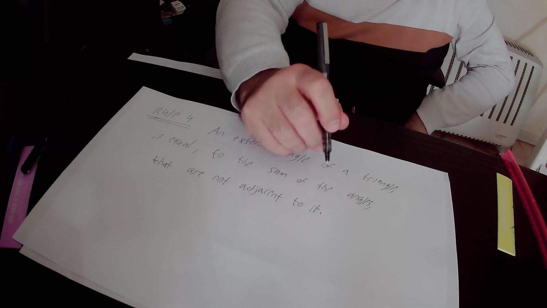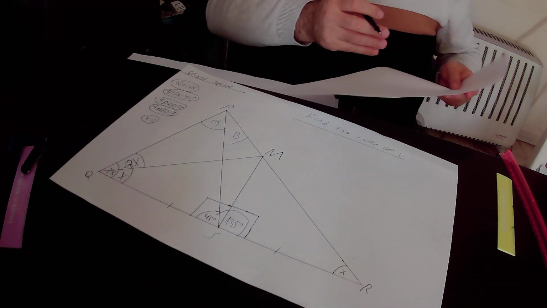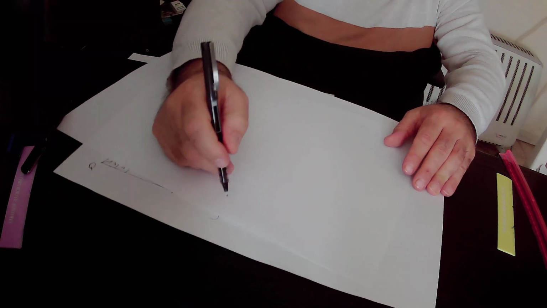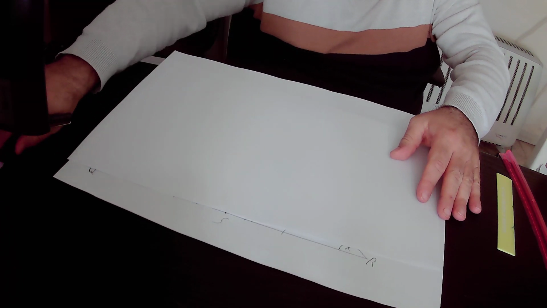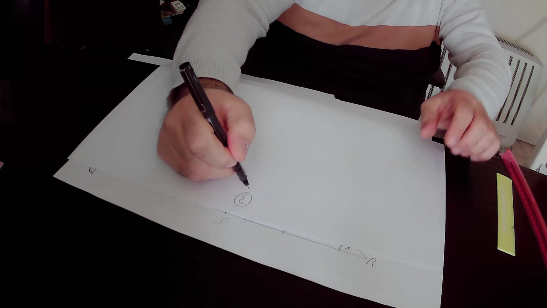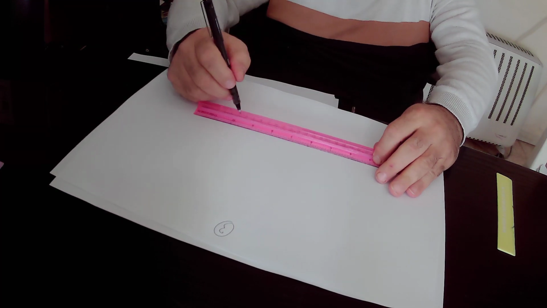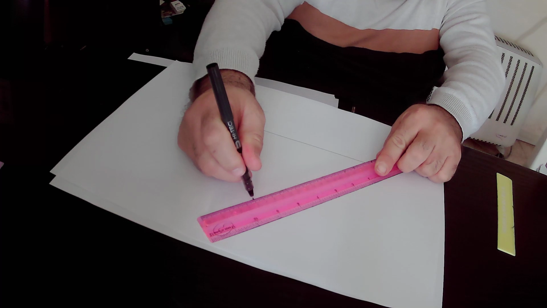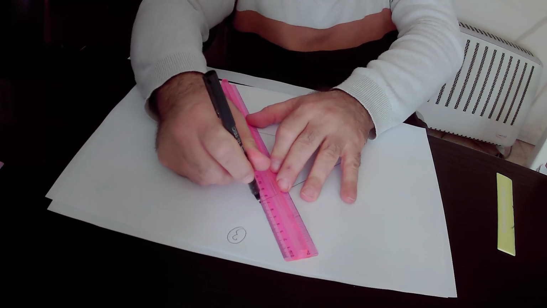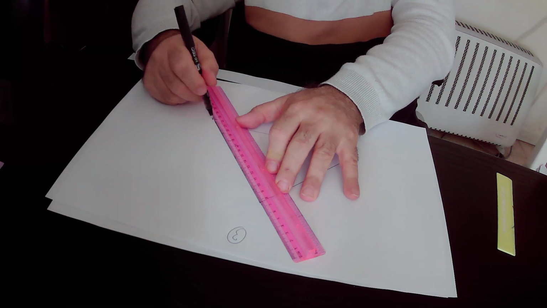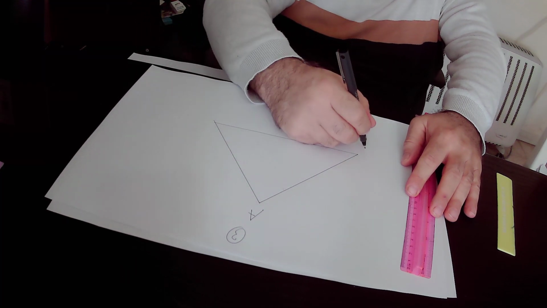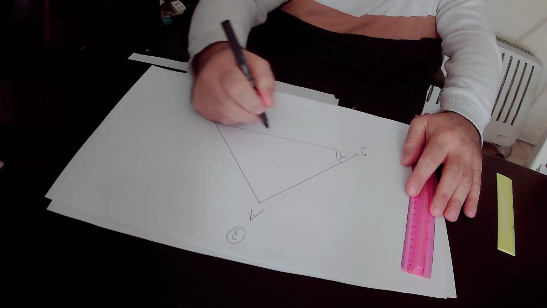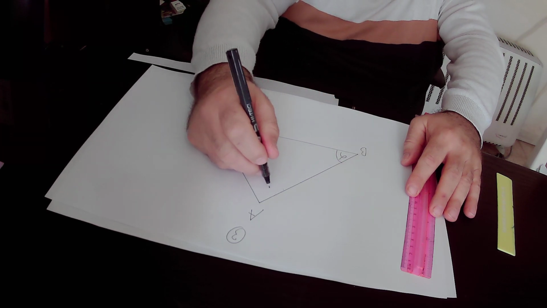So, what is the meaning of rule number 4? The meaning of rule number 4 is that if we have triangle ABC, this angle is alpha, this angle equals beta, this angle equals gamma.